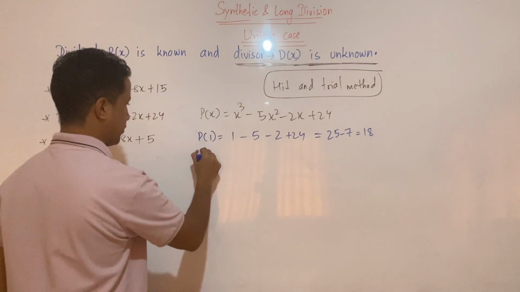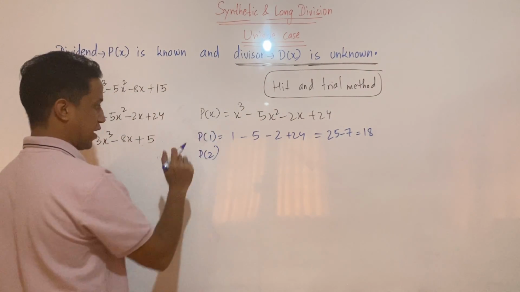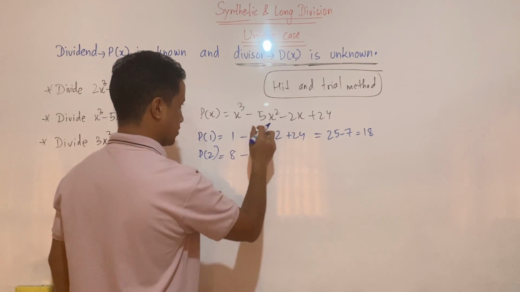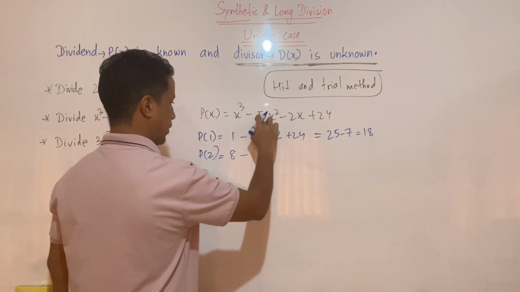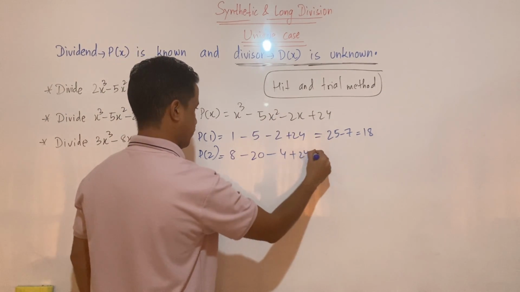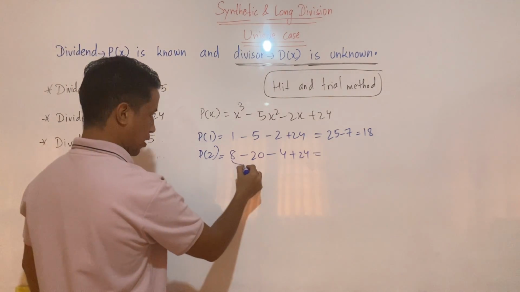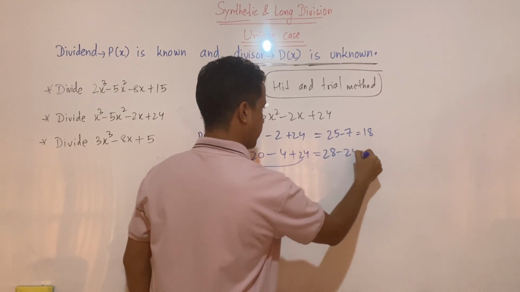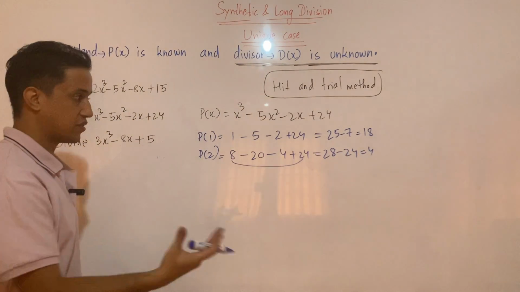Now check for x equals 2: 8, 4 times 5 is 20, minus 2 times 2 is 4, plus 24. So positive 28 minus 24 is 4. So p(x) is not 0.